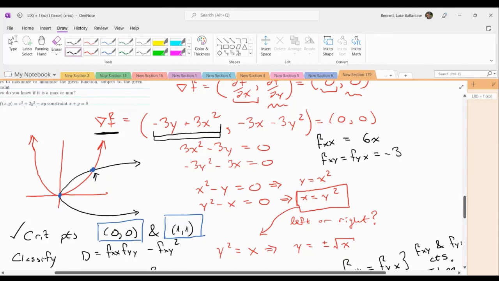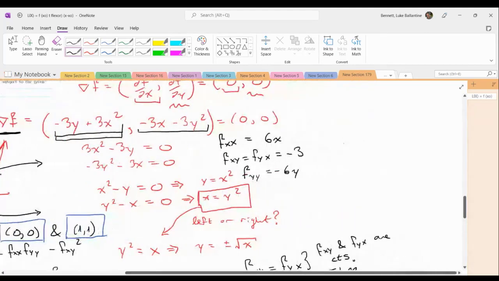Alternatively, I could have taken fy and taken the x derivative, and it's also -3. That always happens. And fyy would be just -6y.